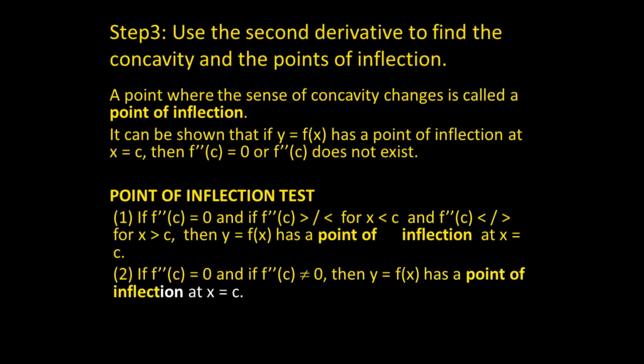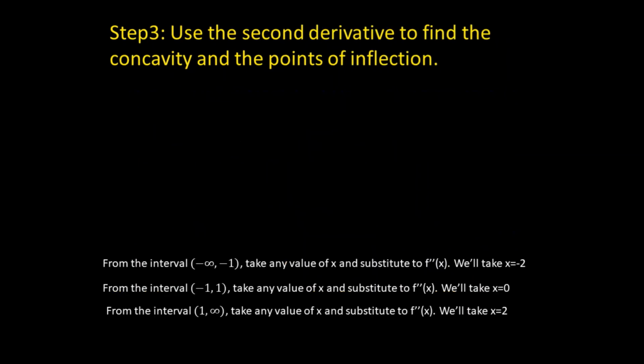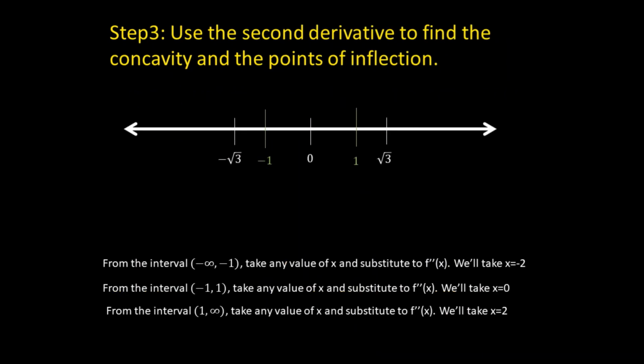And also, if it doesn't exist, you have point of inflection at x is equal to c. Using the number line with possible points of inflection negative 1, 0, and 1. And also, let us recall the second derivative of the function, 1 minus x and 1 plus x.